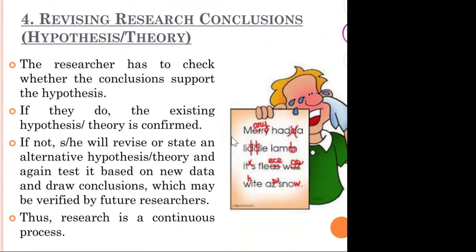I have a confirmation, say, music is going to affect the behavior of a child. If not, he or she will have to revise. Say if I did not get something like this as a conclusion, I have to revise it, and that becomes my new problem, and I will have to continue research in that manner.